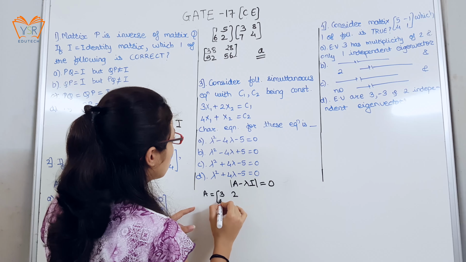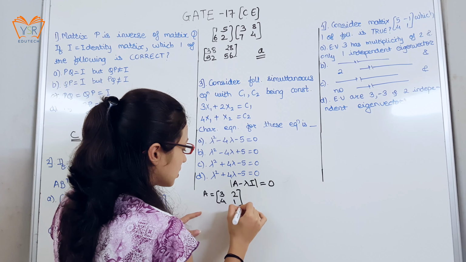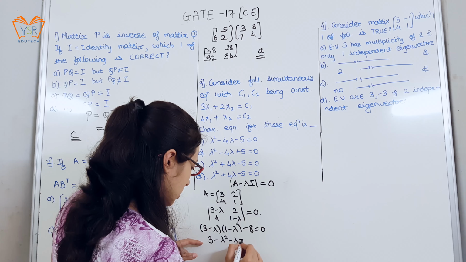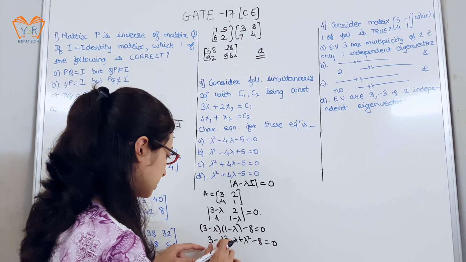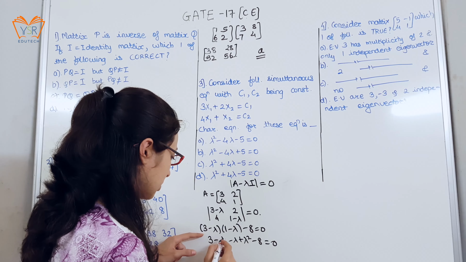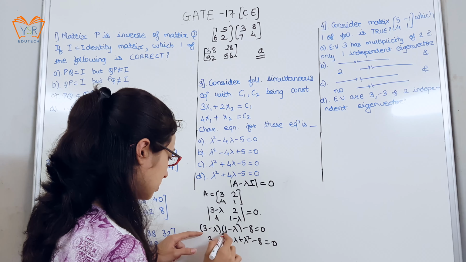Here A is the coefficient matrix 3, 2, 4, 1. So we'll find the determinant value of A minus lambda I. That gives 3 minus lambda, 2, 4, 1 minus lambda is equal to 0. So (3 minus lambda) into (1 minus lambda) minus 8 is equal to 0. 3 minus 3 lambda, sorry.